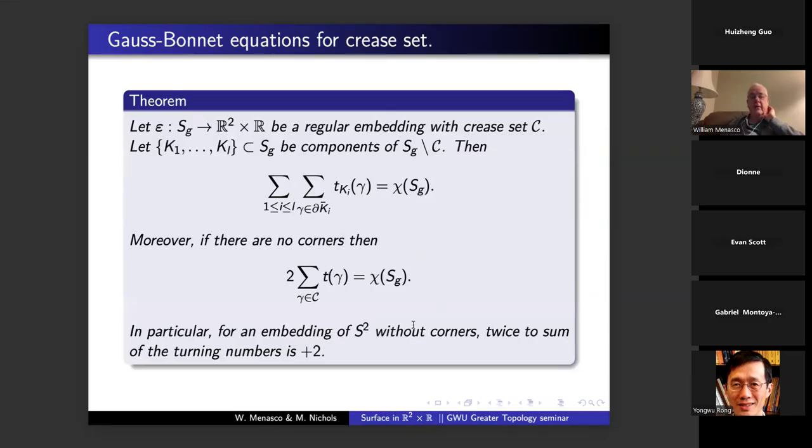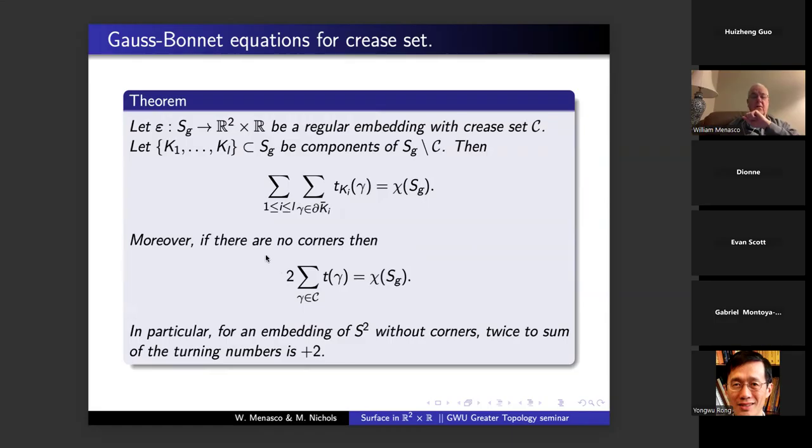So in general, you take your surface and cut it up into these components, and on each component you compute its Euler characteristic, and then add it all up, because Euler characteristic is additive along curves, then you'd be computing the Euler characteristic.